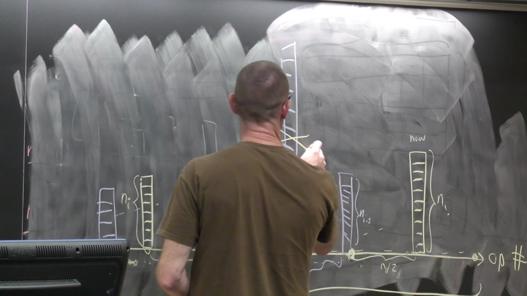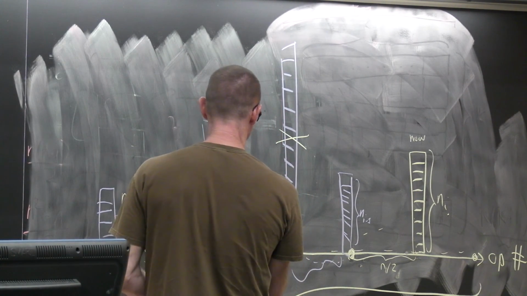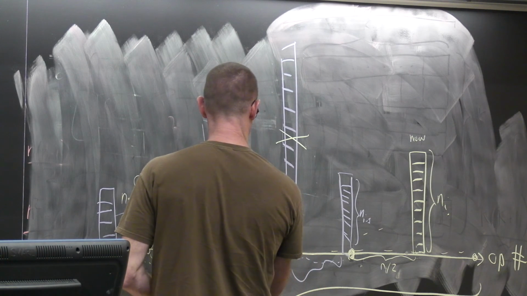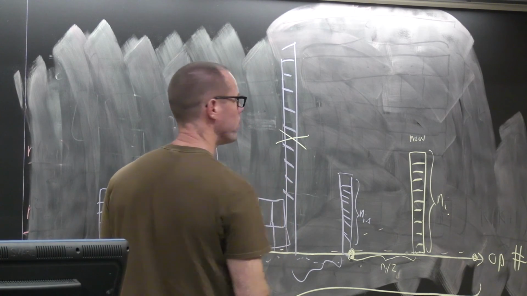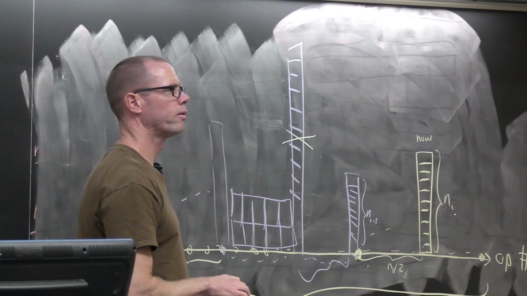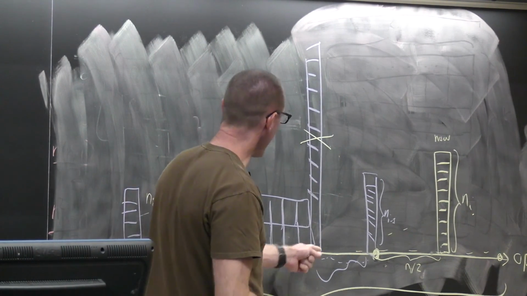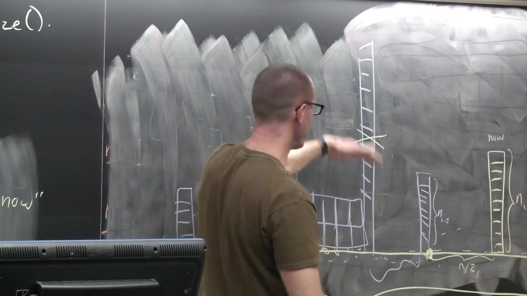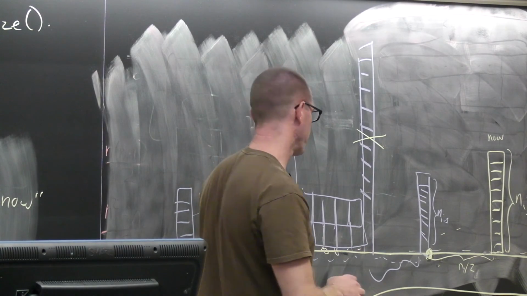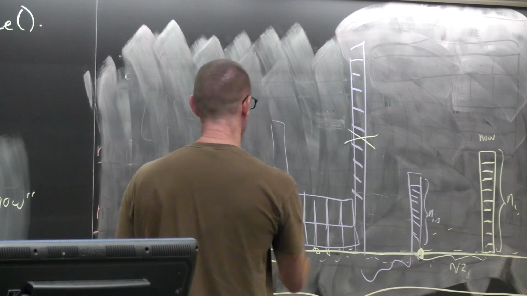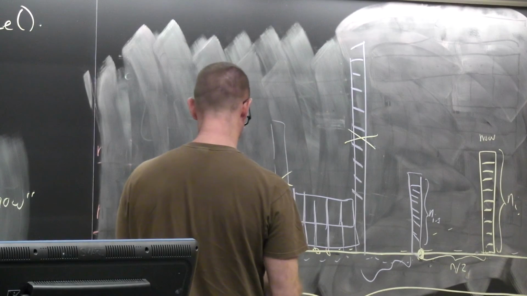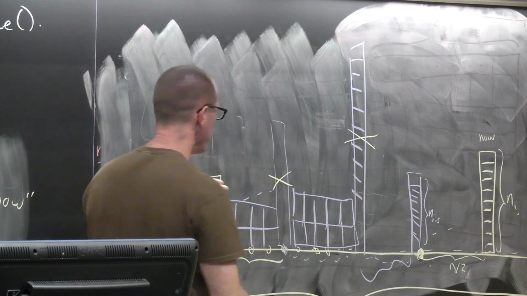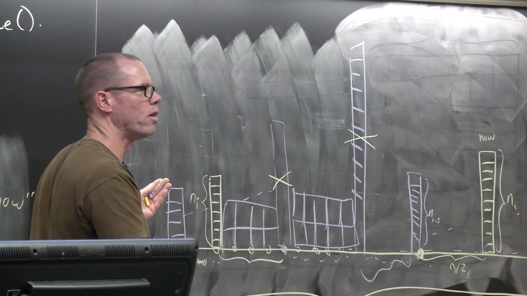Cut it here, and then lay it down flat here, 2 layers deep. Do you agree? The stack is of height n_i, and this is of length at least n_i over 2, so I could break this thing in two and lay it down flat here. This one I can break in two and lay it down flat here, 2 layers deep. I can do that with all of them, and none of them overlap each other.